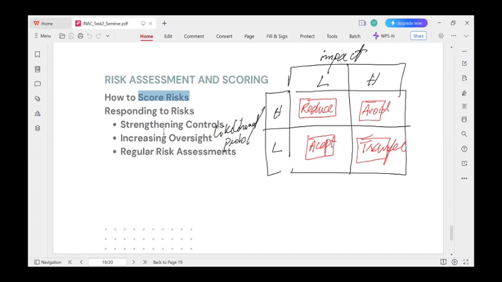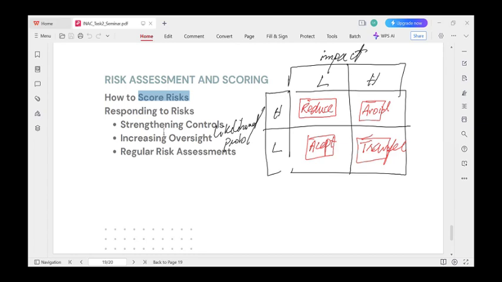You would increase the supervision, you would increase the authorization, that type of stuff. And then you do your risk assessments regularly.